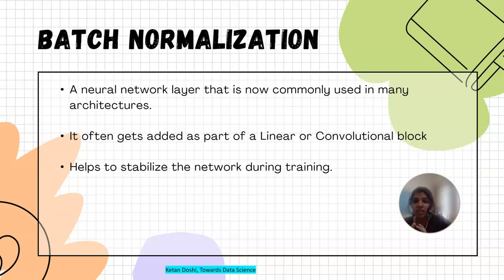Then our model is trained very well, and then we go for testing. So all these processes are the same. This batch normalization is a technique which helps the training to stabilize, that is, the training goes properly without oscillating or diverging.